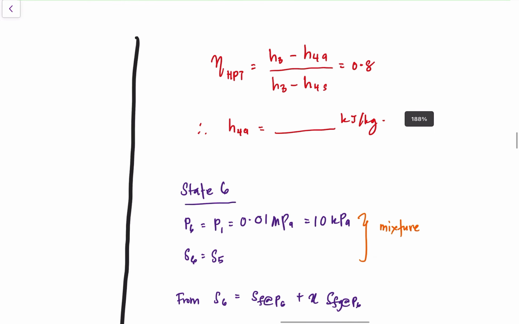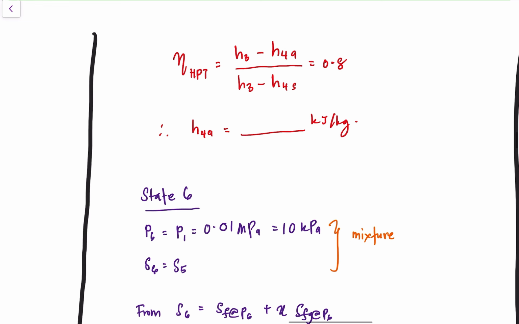Alright, so in the question given to you is the isentropic efficiency for the high pressure turbine, which is 0.8. So that meaning you can determine the actual enthalpy at state 4, H4A, based on the isentropic efficiency formula for the turbine.